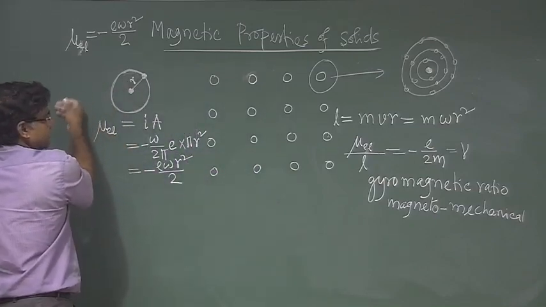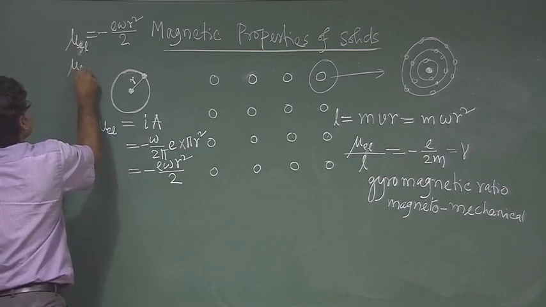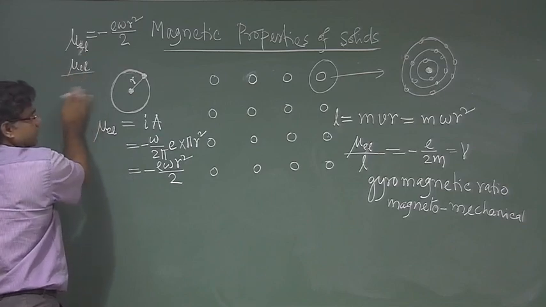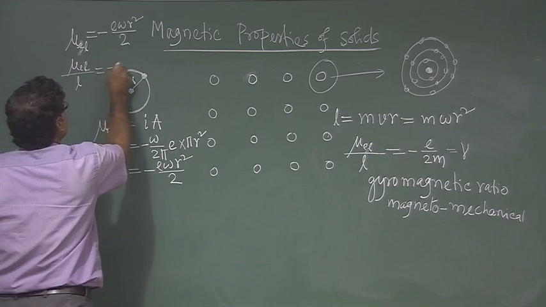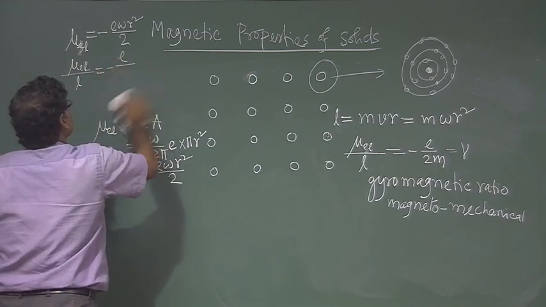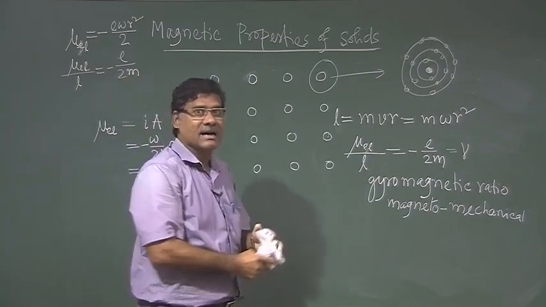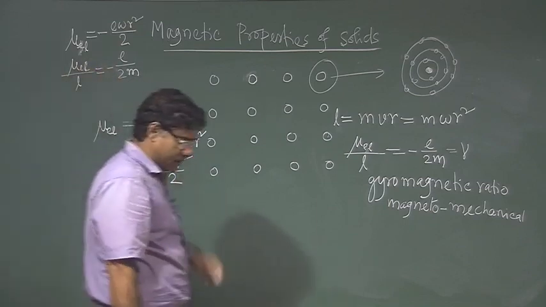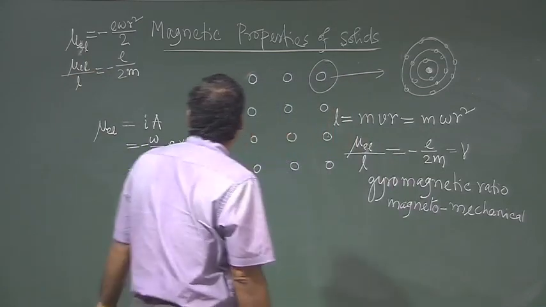So what I got is mu L by L equals minus E by 2m, right. This is the connection between the angular momentum and the corresponding magnetic dipole moment.